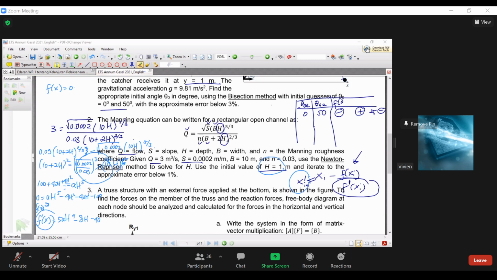So about 3 or 4 iterations depending on the number of significant digits. And the result will be h equals 0.8097 meter. So this is for number 2.